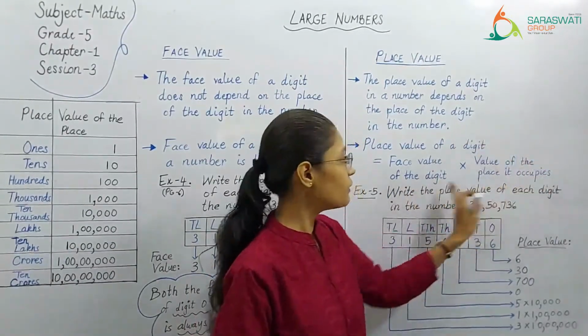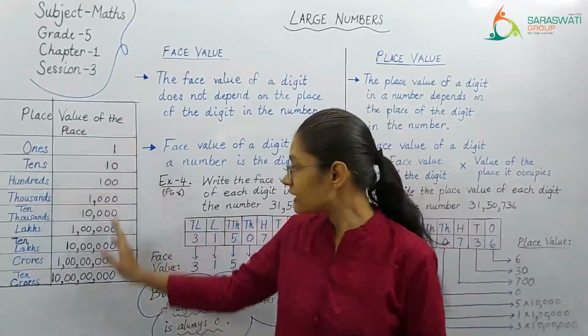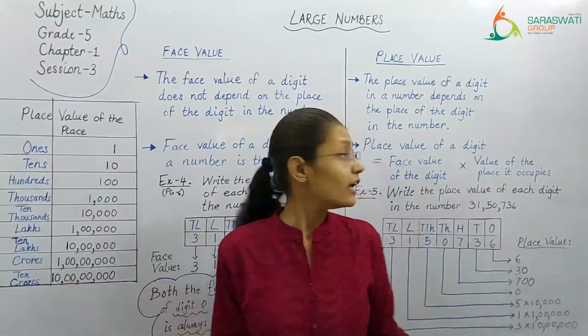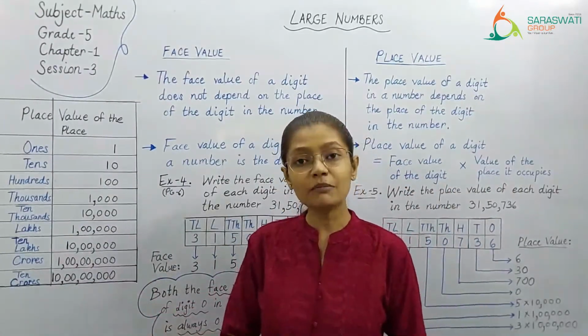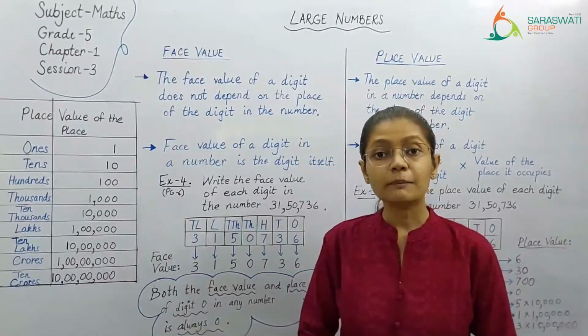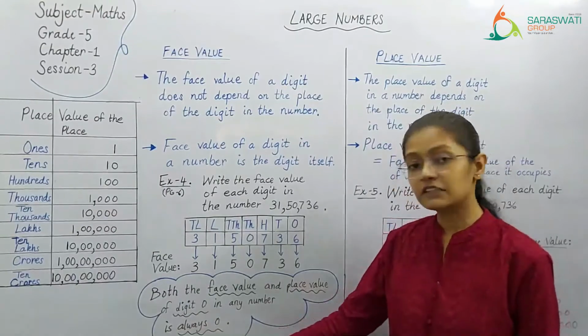Here in this formula we can substitute, that is we can replace any of these values. Even if we write 0 multiplied by 10 crore, still 0 multiplied by any number is always 0. So the place value of digit 0 at any place in the number is always 0.